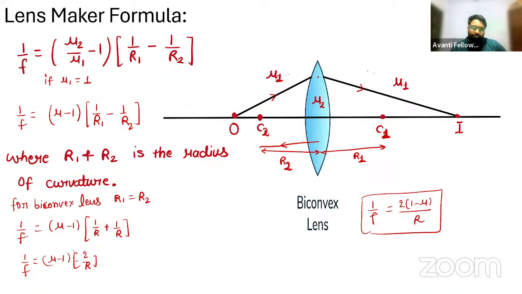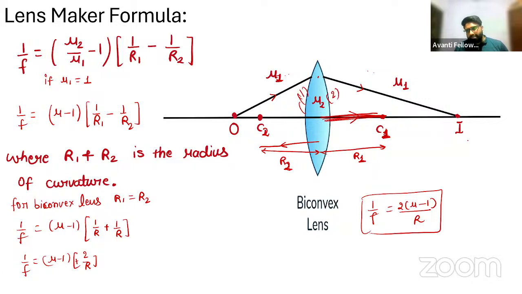So it will make 1 minus 1 upon R. So ये minus vanish out हो जाएगा बस. But you need to remember that you need to measure R1 in this direction. ठीक है. R1 is the radius of curvature of this part, the first surface. This is the second surface. Okay.